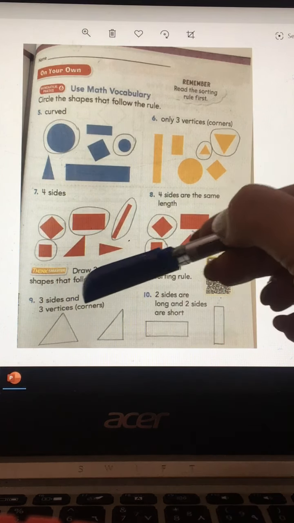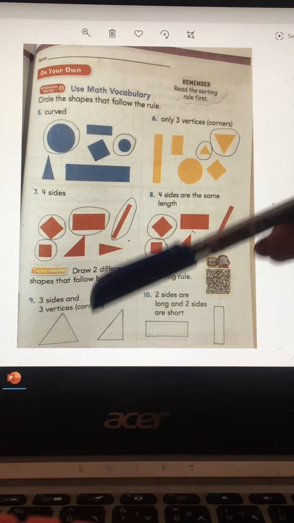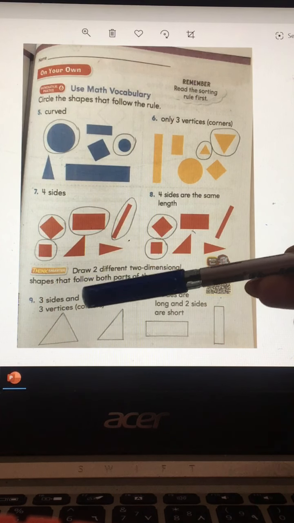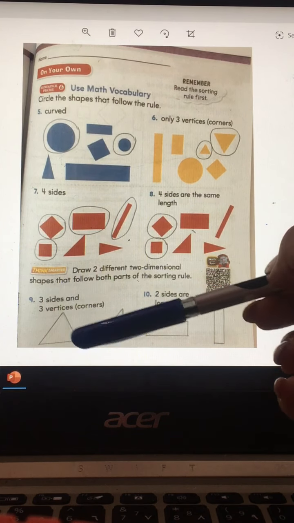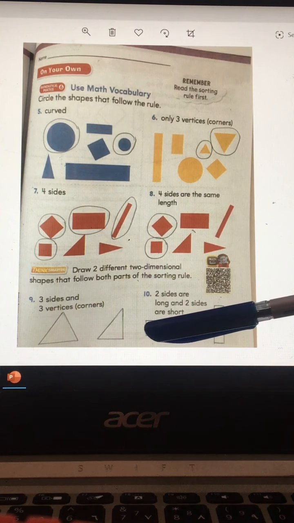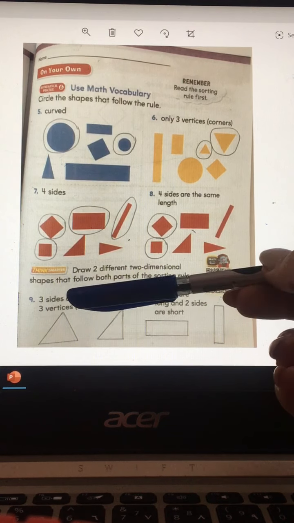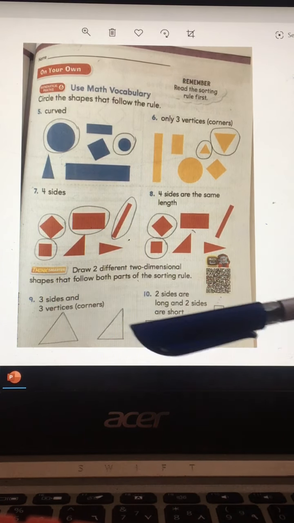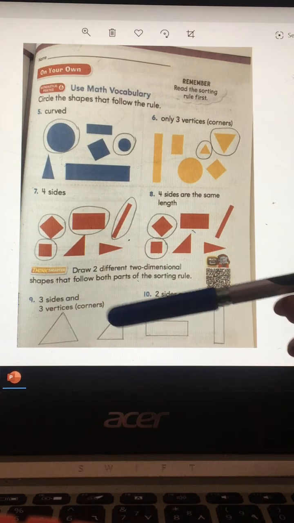We have to follow the rule. As long as they are following the sorting rule, my work is correct. If I drew the 2 triangles in different shapes, there is no problem, because I'm following the sorting rule.